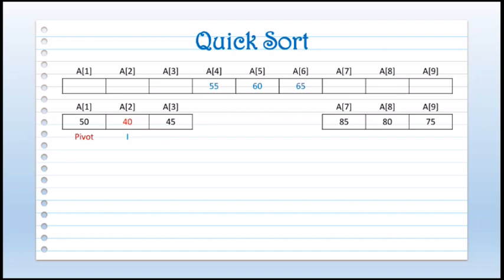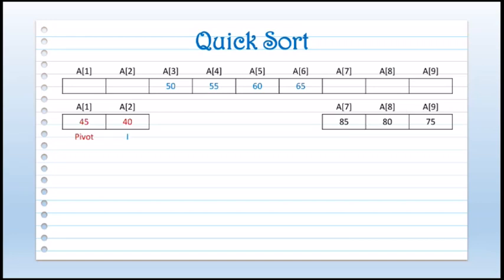Consider the first element as pivot element and start comparing from the left hand side. So is 40 greater than 50? The condition is false. The next element is 45. Is 45 greater than 50? Again the condition is false. So there is no element further. So we will exchange the element with the pivot element. So now we have got the position of 50 and it will be at the 3rd position.